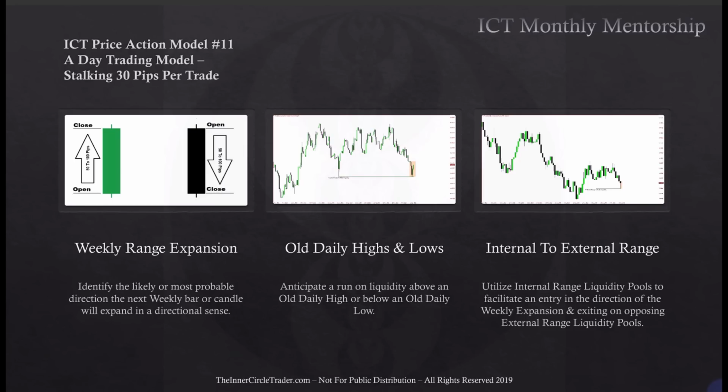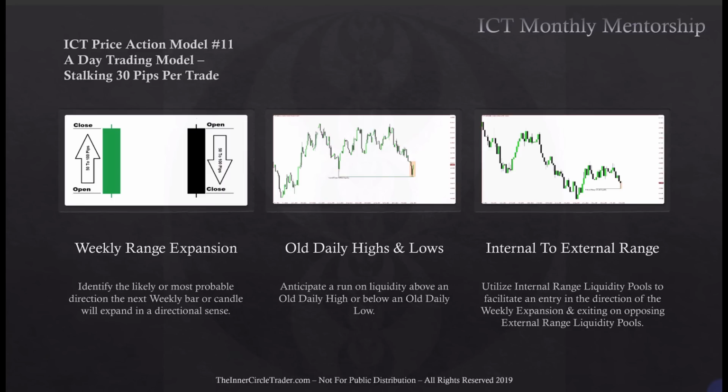And we're going to be using that to facilitate an entry in the direction of the weekly expansion and looking to exit on an opposing external range liquidity pool. If we're bearish, we're going to be looking for sell stops below the marketplace, because if we're short, we're going to be looking to buy back at a lower price. And we're pairing our orders with existing sell side liquidity in the form of sell stops. And the reverse is said when we're bullish.